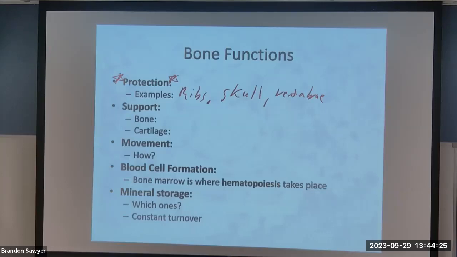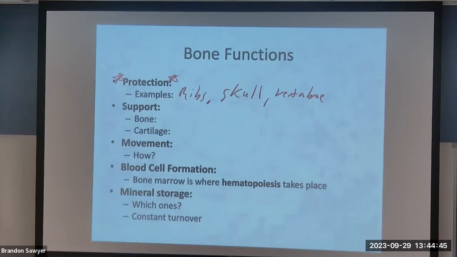But clavicle would definitely be one, especially because there are some important vascular and neurovascular structures right underneath it too, so it kind of protects that. Yeah, for sure. So other questions on those so far?